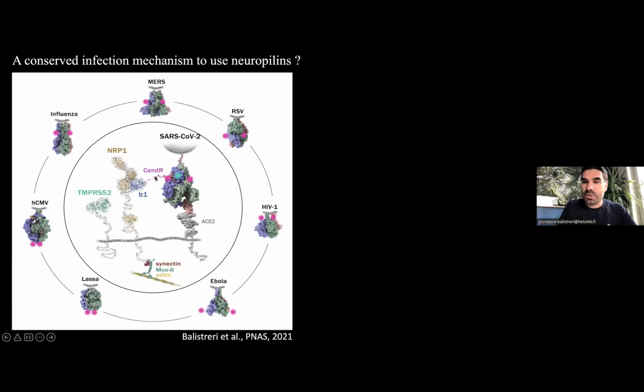The same sequence is present on the surface proteins of the most pathogenic human viruses. They all have the same. And for many of them, we and others have confirmed that not only do they bind their first receptor, they also bind these neuropilins.